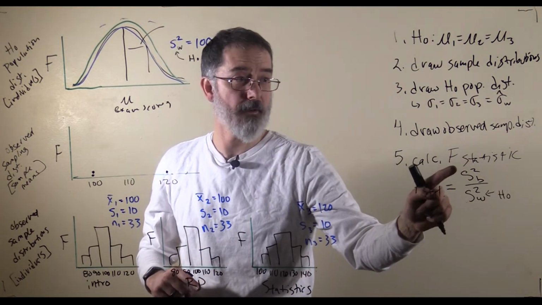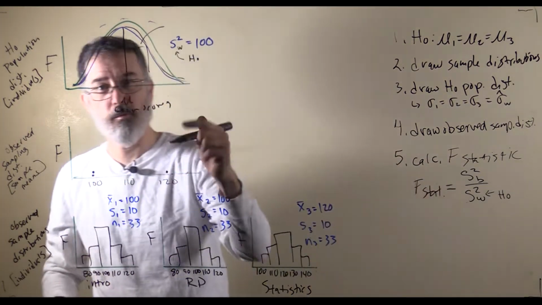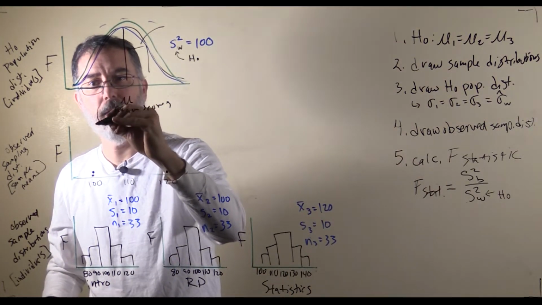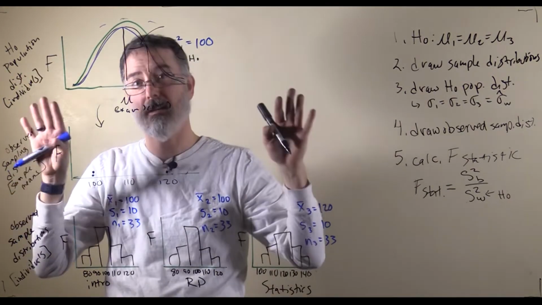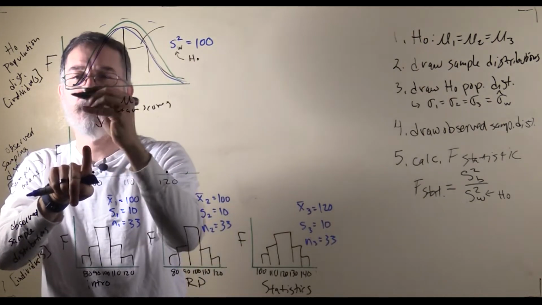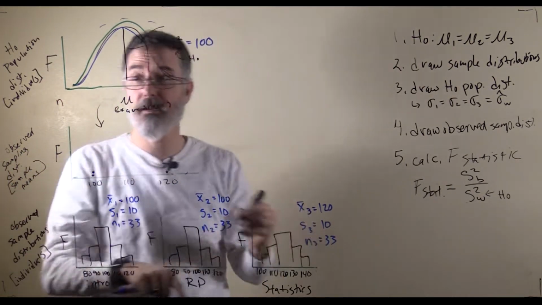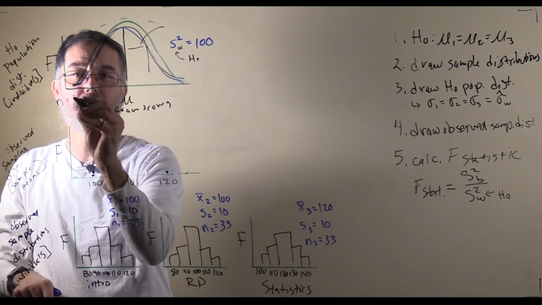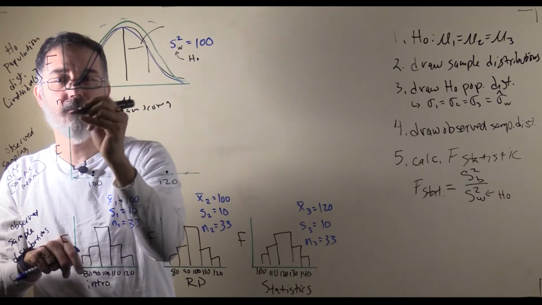So to calculate our variance between, we're going to do the reverse of what we're familiar with. What we're familiar with is taking a population with known characteristics because we're assuming the null hypothesis is true, right? Remember we took random samples of a certain size, we'll say 33, because that's what we're going to be using in this case. We took a random sample of 33 individuals from that population.